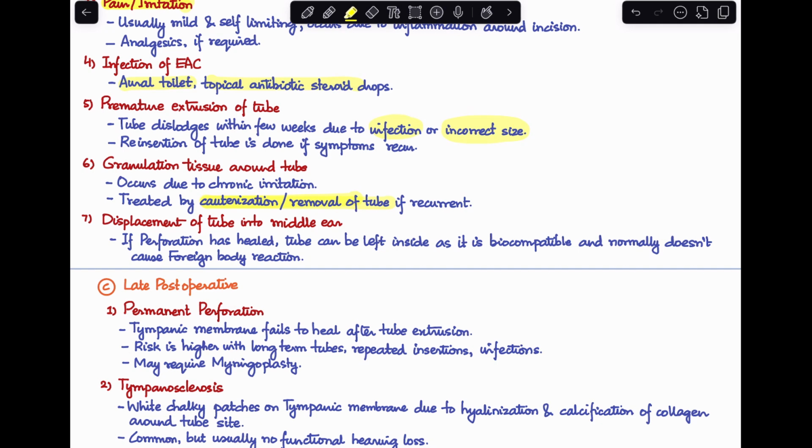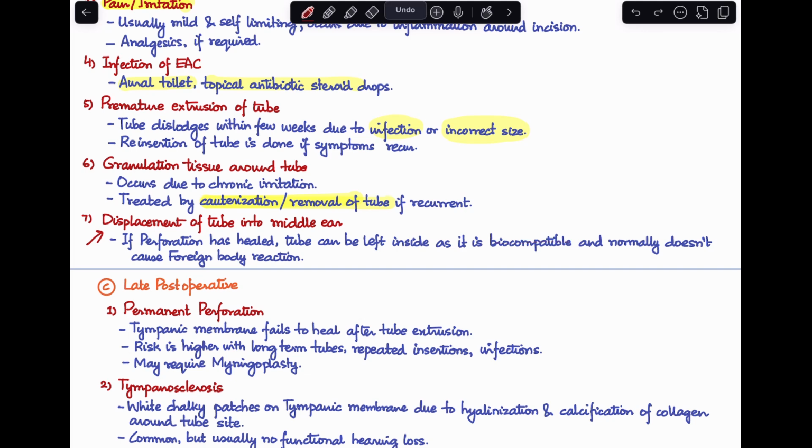And the last early postoperative complication is a displacement of the tube into the middle ear. I told you that this can happen even intraoperatively. When it happens intraoperatively, we usually instill saline into the middle ear and take the tube out. But in postoperative times, if we see that the perforation has actually healed, in that case, you can think of leaving the tube inside because these tubes are usually biocompatible.